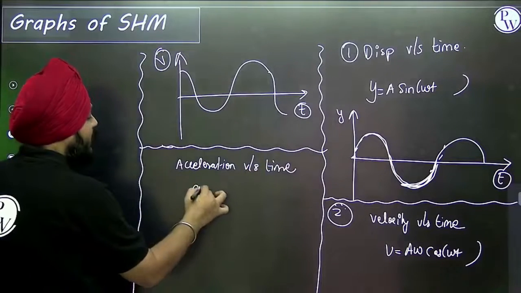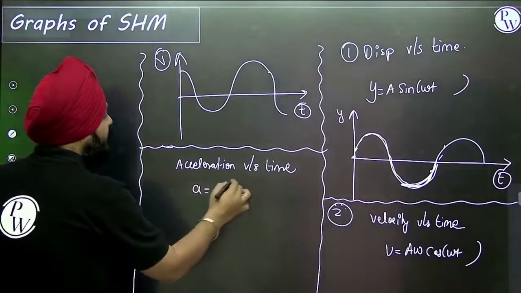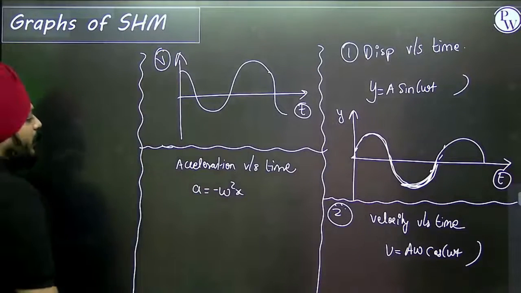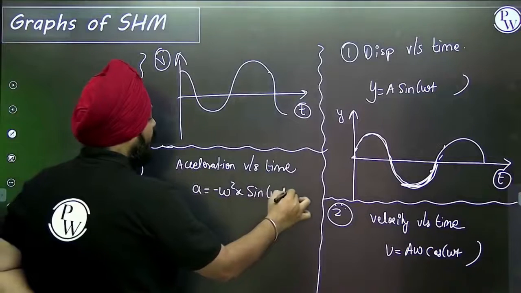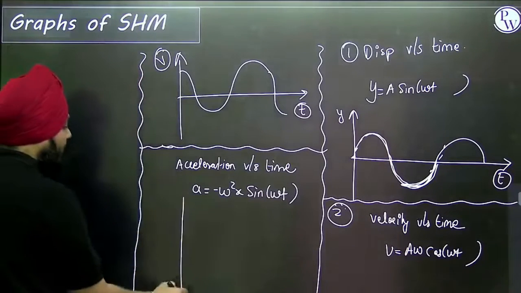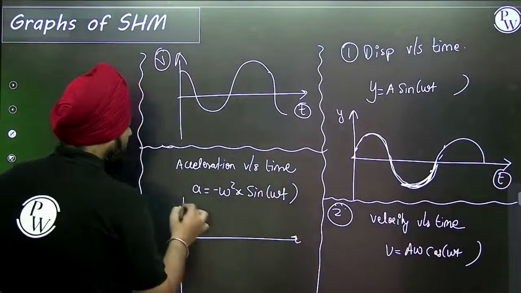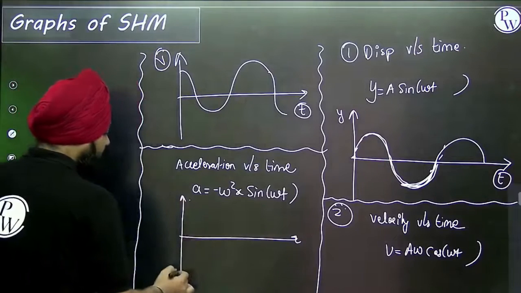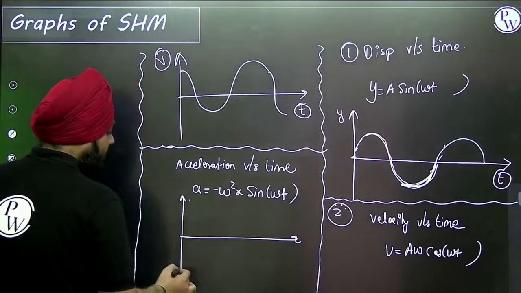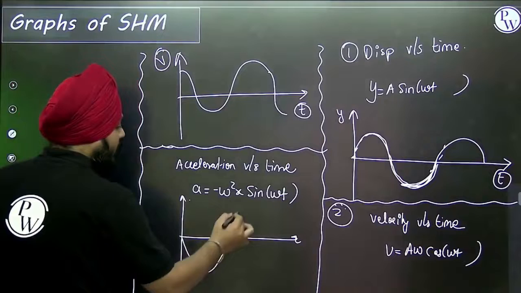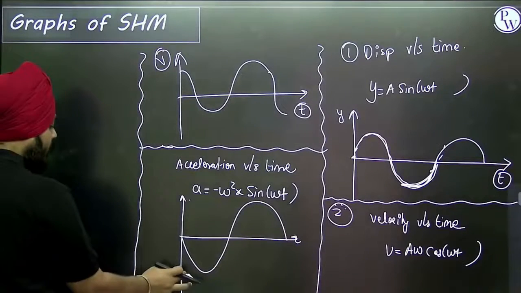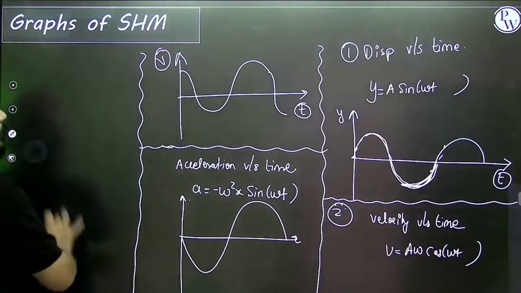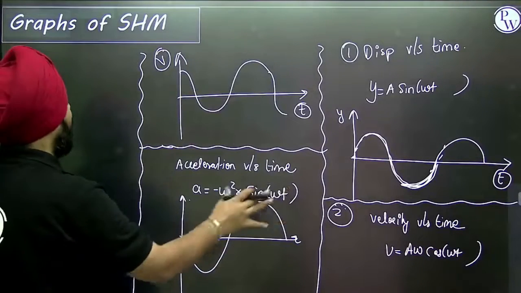What is the equation? A is equal to negative of omega square x, that is equal to sine of omega t plus phi. Like this we are going to have the acceleration versus time graph. So these are the three basic graphs.